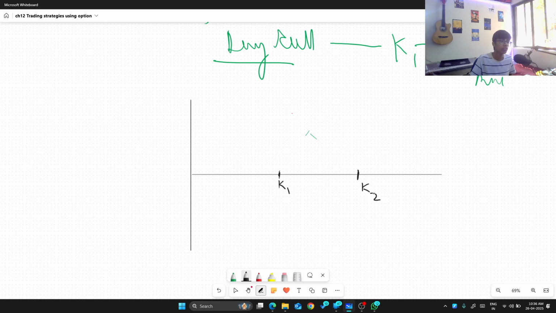There are different strike prices, and we are long on K1. So our long K1 would be like this, and we are short at K2, right?